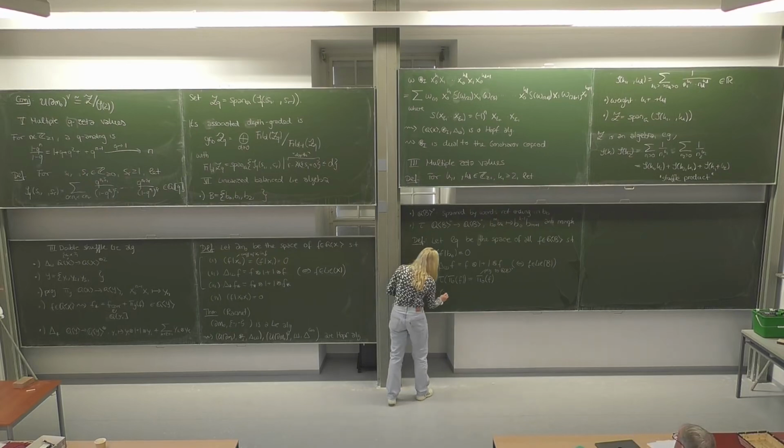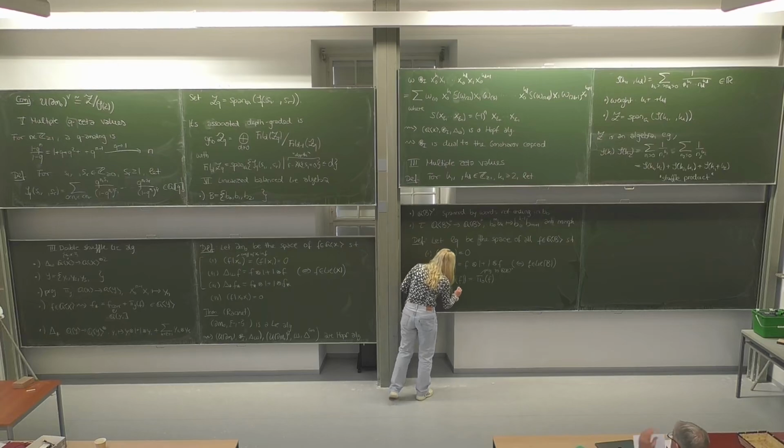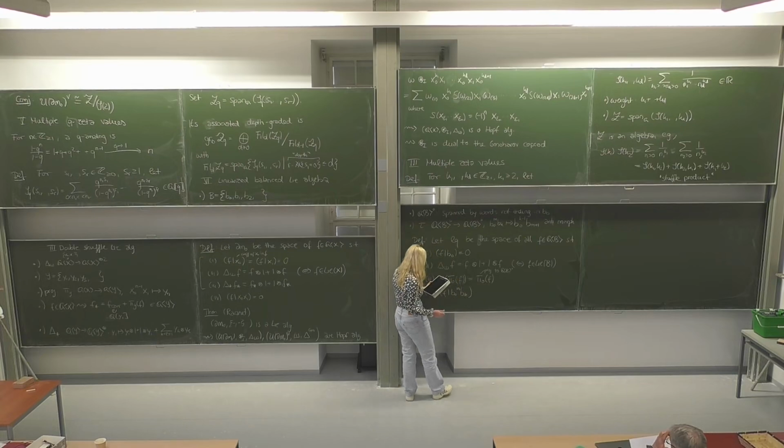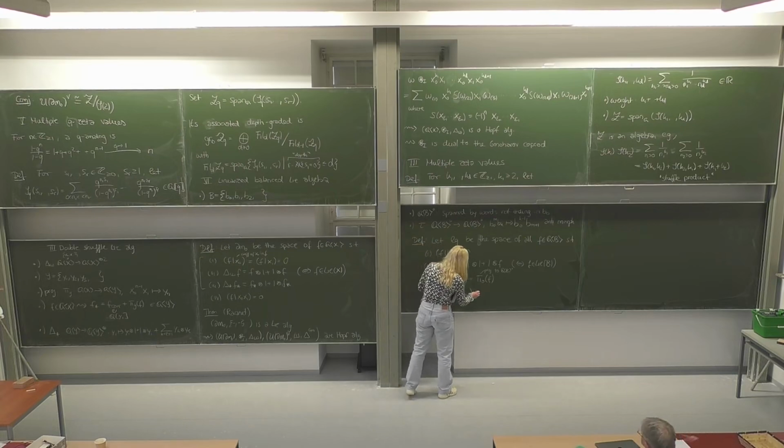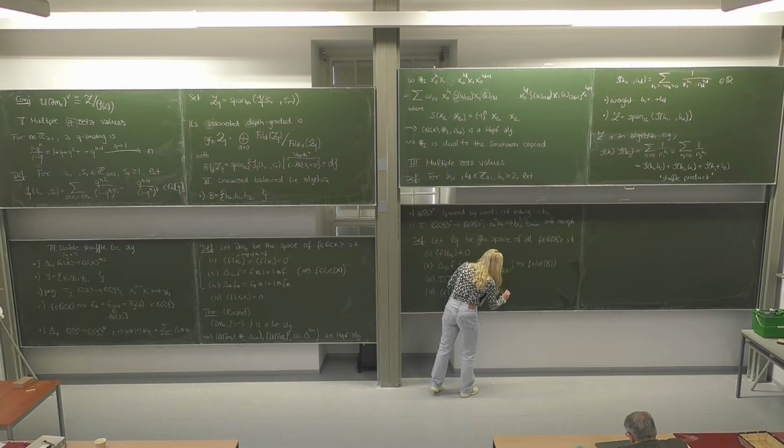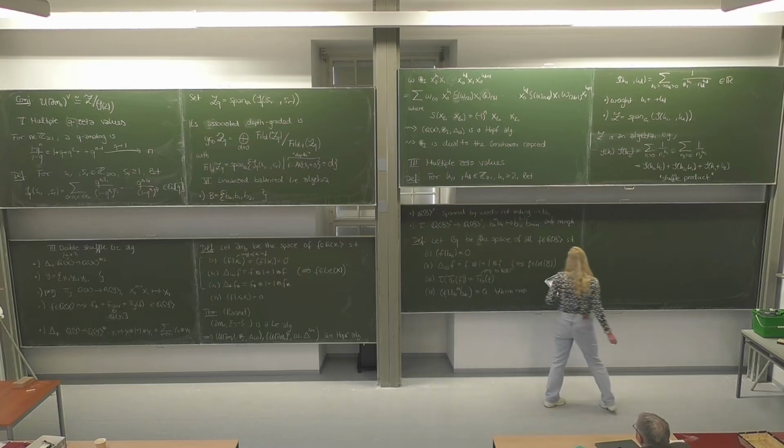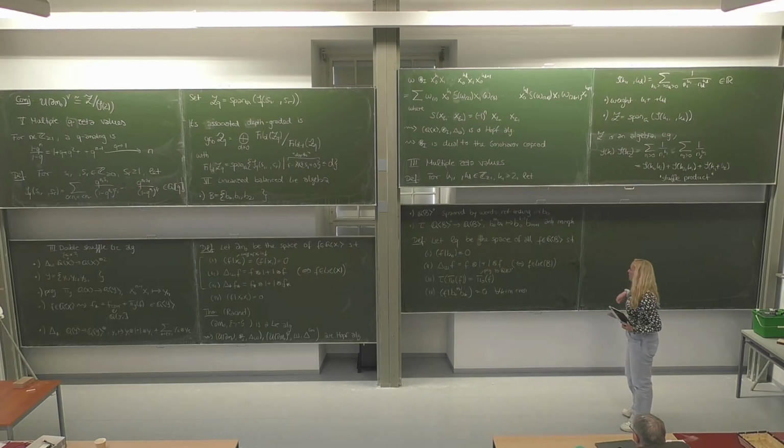And then one last condition: the coefficient of B0^M B_K should vanish whenever K plus M is even. So this time I maybe omitted the background, but I hope it's somehow clear.